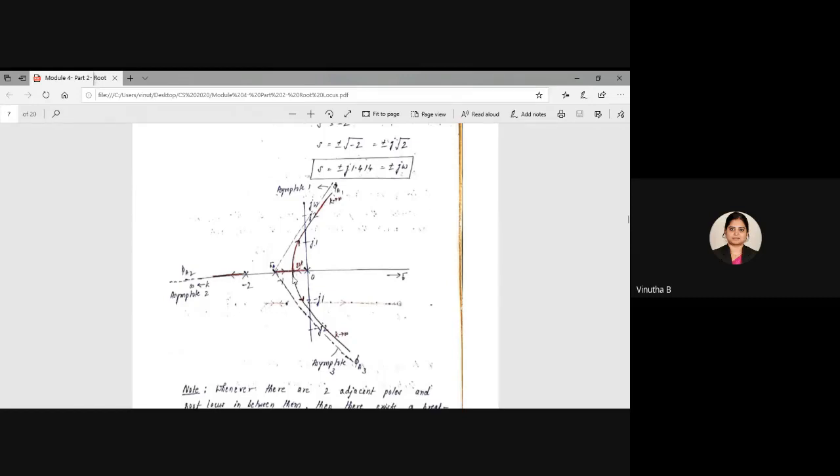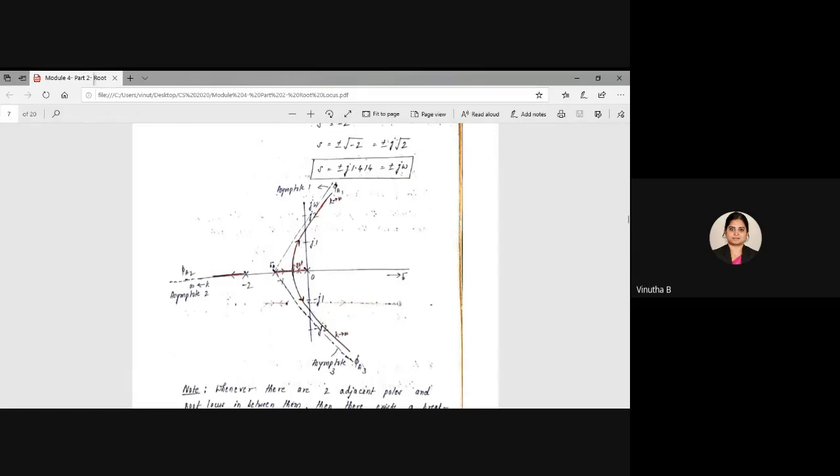Now we have to draw this, which will be parallel to this asymptote. You can see that from this pole a point is moving here, from this pole there is a point, and at this point a breakaway is happening. So this will move this side and this will go this side.